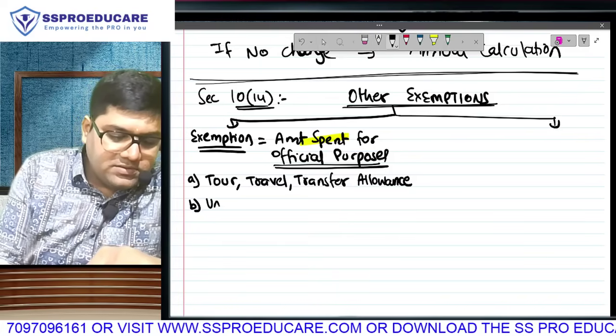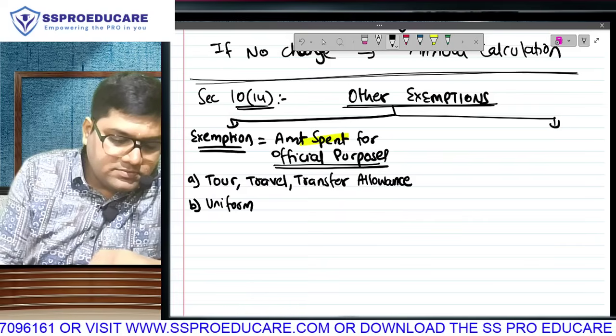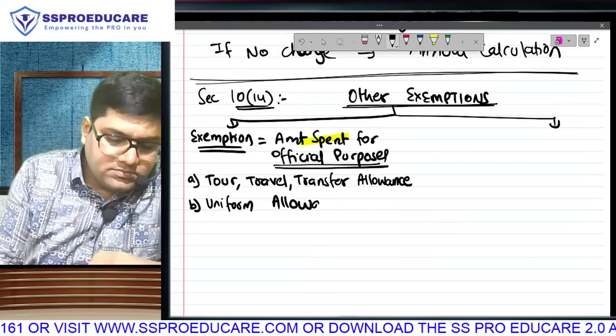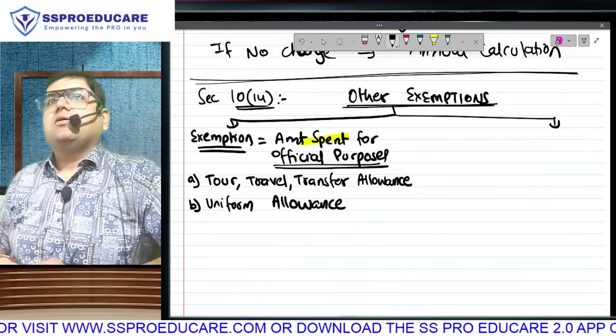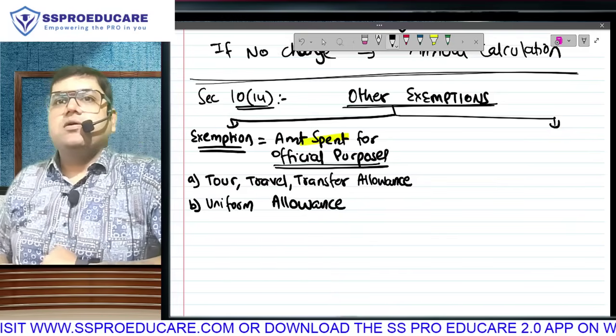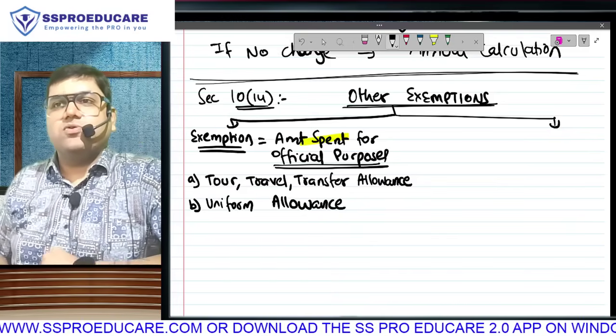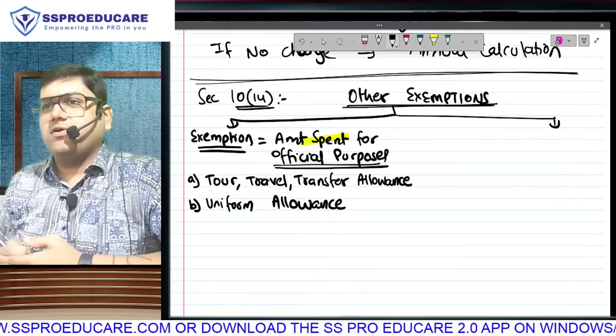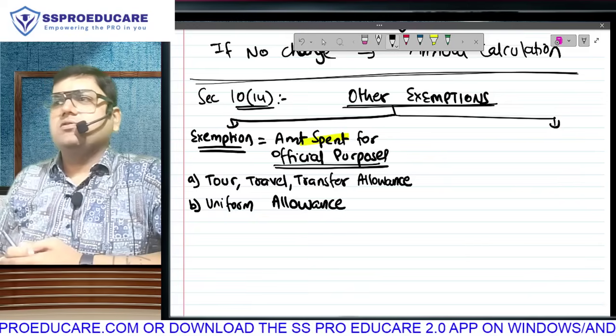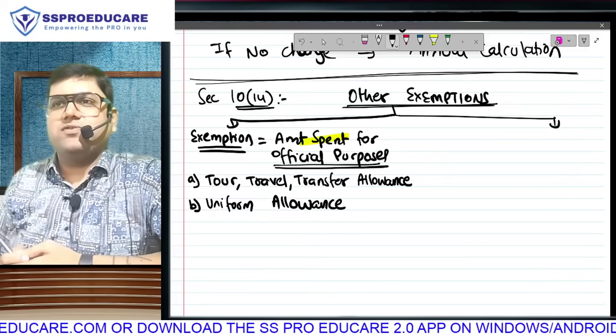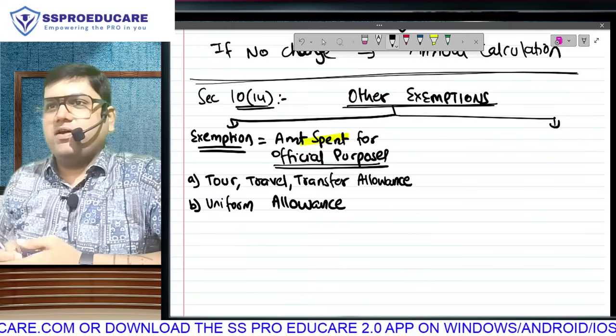Uniform allowance. See, some organizations have an official uniform. If Tata Sky representatives come to your place, or Videocon D2H, whichever D2H. These days people don't use cable either. Everyone uses smart TV, Amazon Fire Stick.